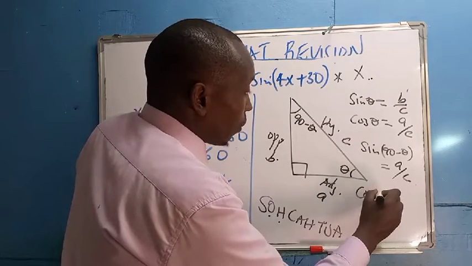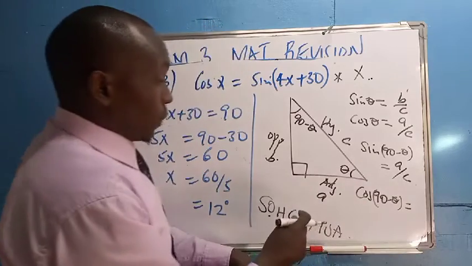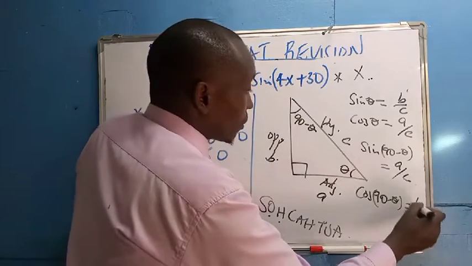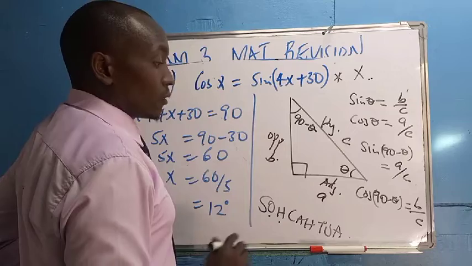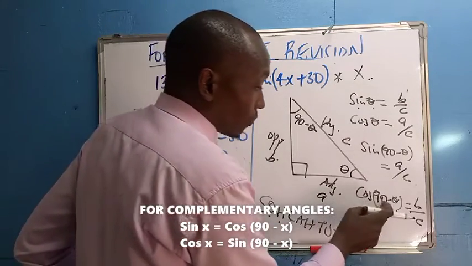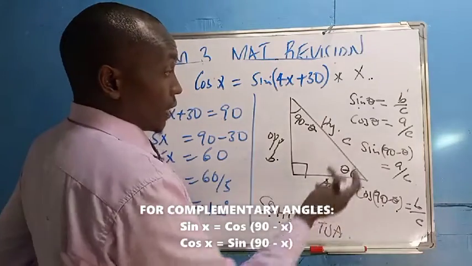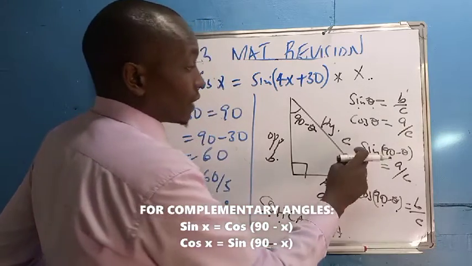Working out the cos of the same, 90 minus theta, will simply be adjacent B over hypotenuse. So what exactly does this mean? The sine of theta is equal to the cos of 90 minus theta. And the cos of theta, A over C, is the same as the sine of 90 minus theta.